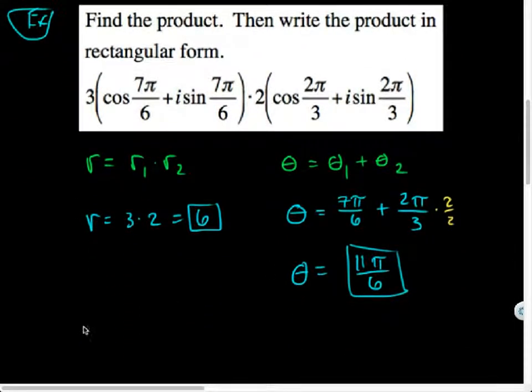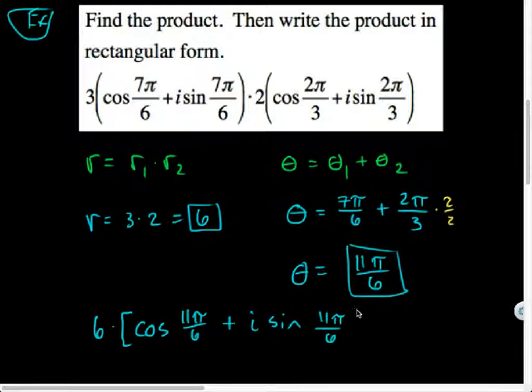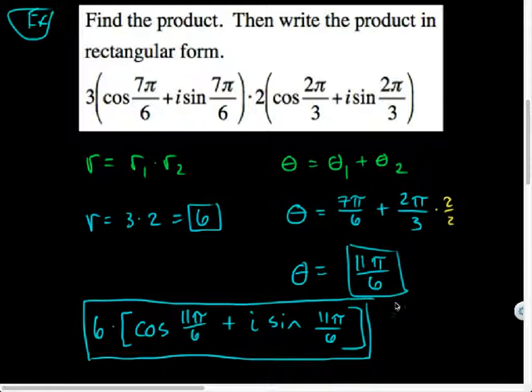So I'm going to have 6 times cosine of 11 pi over 6 plus i times the sine of 11 pi over 6. This is actually my answer in polar form of this complex number.